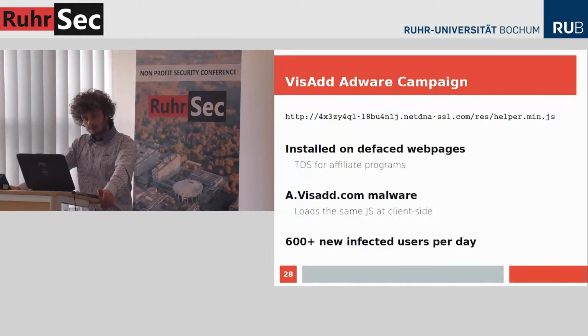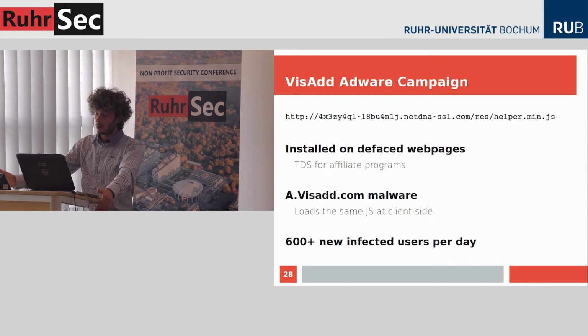On top of that, interestingly, this URL is also loaded at client side by a malware called visa.com. This is something we found out later, and it's also another way to exploit this affiliate campaign system. And using the telemetry in our AV, we found that roughly there are 600 new infected users per day.